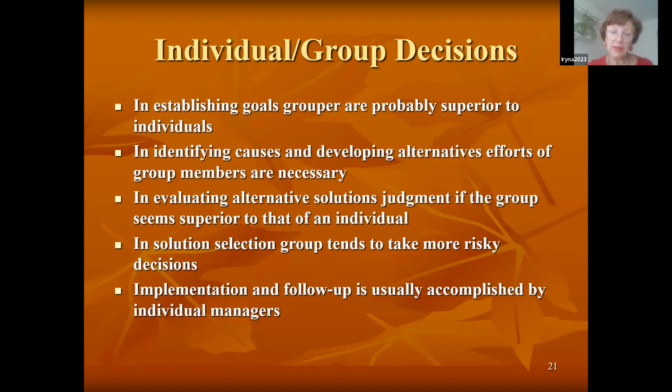But in deciding on a solution, a group may opt for a riskier decision because it feels strong. We are many. We cannot go with a safe decision. We can do a risky decision.